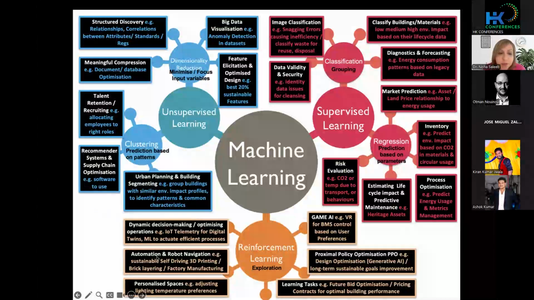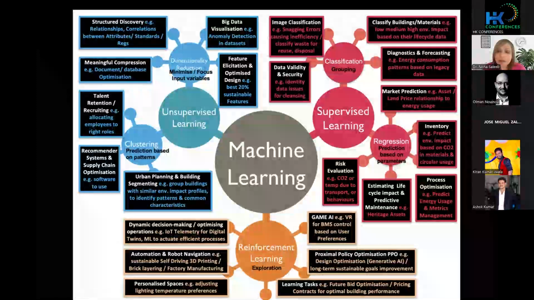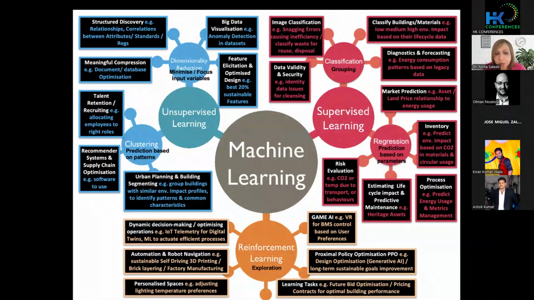It could be used for automation and robot navigation. So how do you drive the best way to work a robot? 3D printing, bricklayering, and so on, based on feedback that you give that robot. Design optimization, we mentioned that before. Even in gaming, you can use VR for building management systems in order to get user feedback, user preferences, and improve the indoor operations based on that.